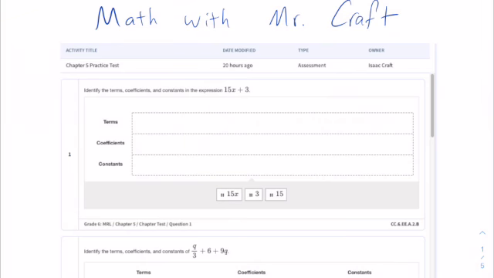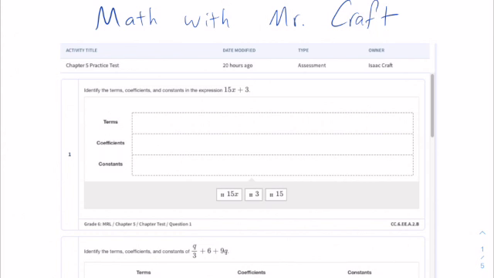Welcome to Math with Mr. Kraft, where I review the things that I've been going over in my math class with my students. This is a recent practice test that we just took, and if you are one of my students, then you know this because you just did it.